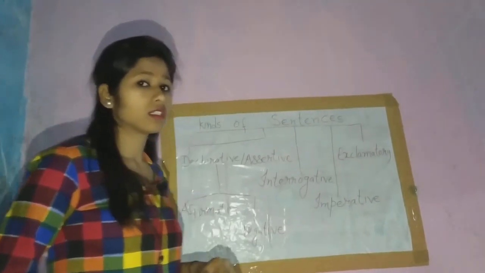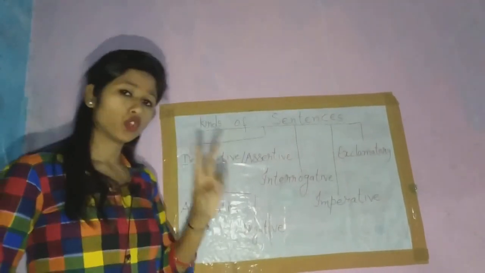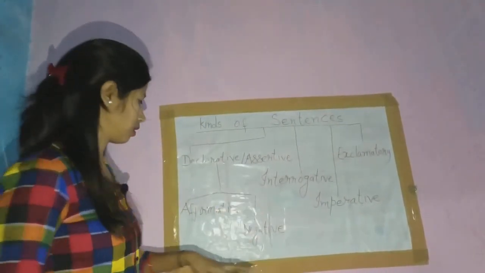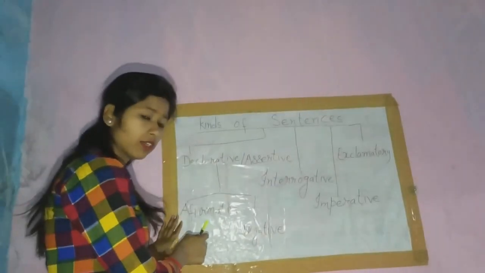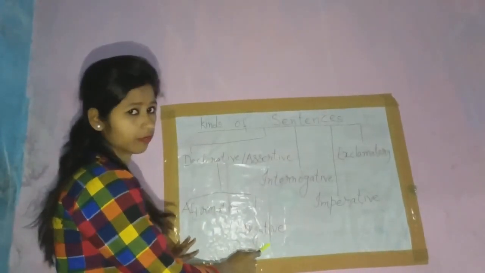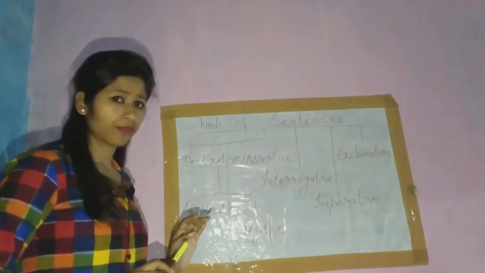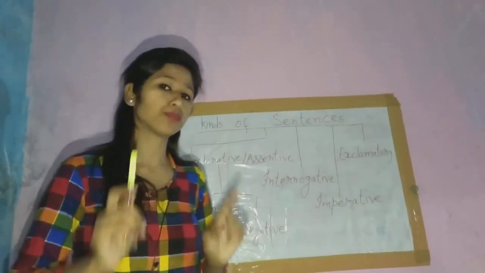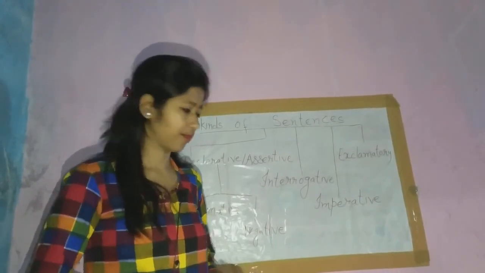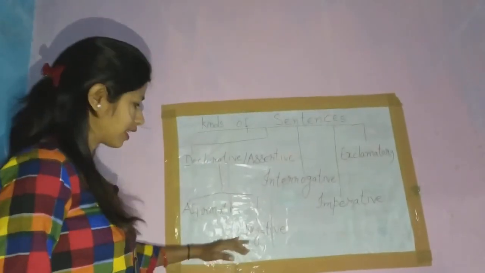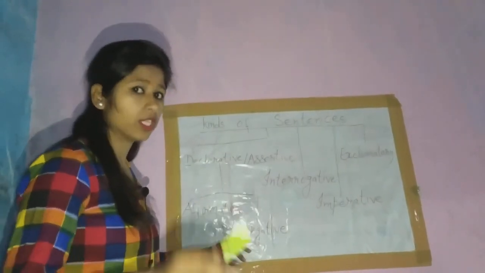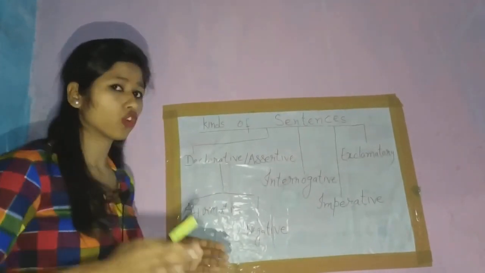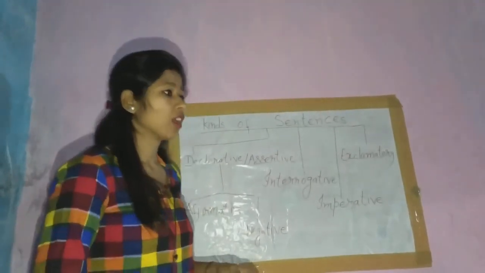Then it is divided into 2 other kinds. That is affirmative and negative. Affirmative, in general, means positive or yes. On the other hand, negative means no. They are just opposite of each other.